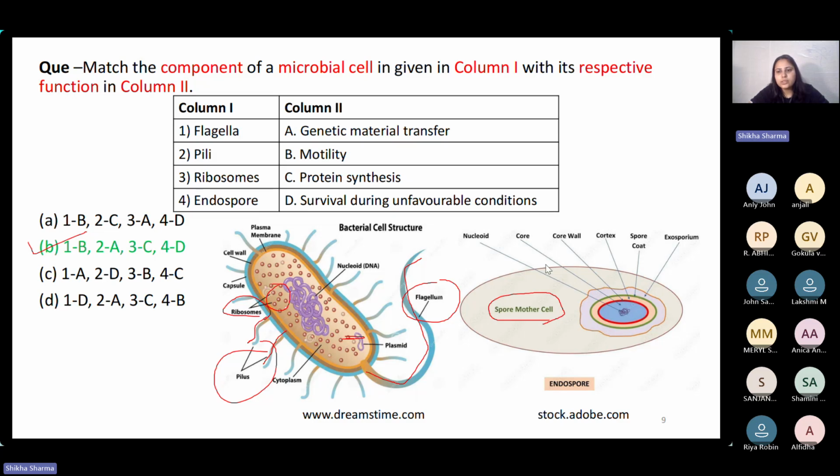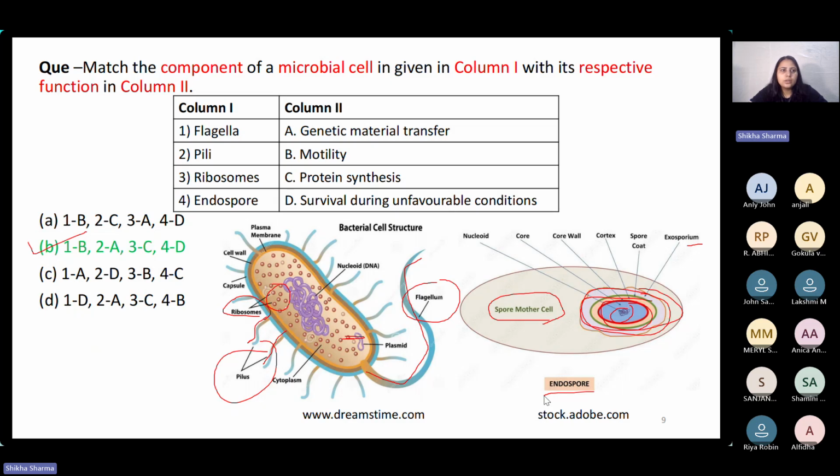The endospore has different cell components, like it has one core, and in that core it will have some DNA material for the replication, and then it has a core cell wall, and it will have a cortex, and after that there is a spore coat which is very hard, and then the exosporium will be there. So this is the endospore structure.